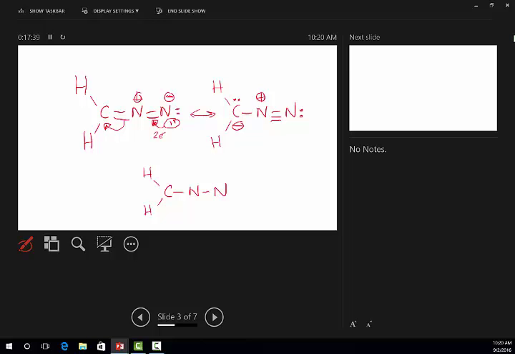This lone pair to form the triple bond, this double bond, give it to the carbon to form the lone pair. And so that's how I get this resonance structure B from resonance structure A. Does that make sense?